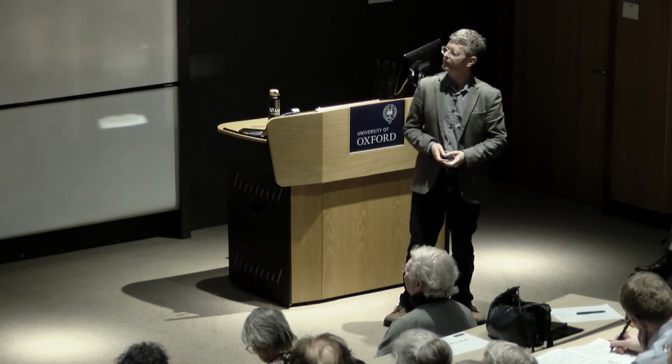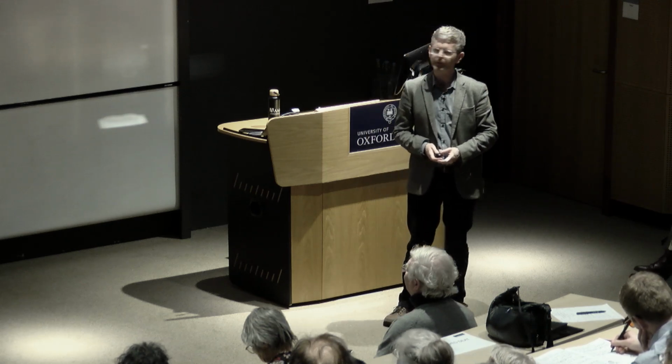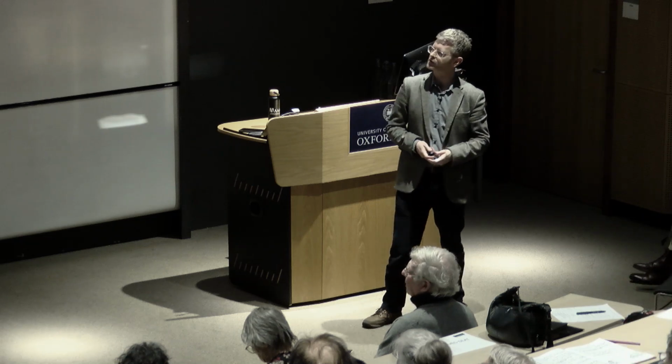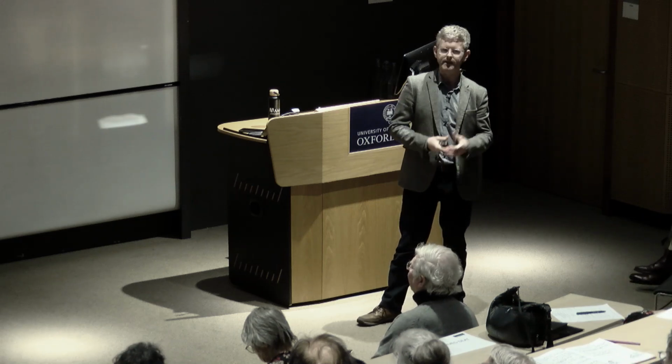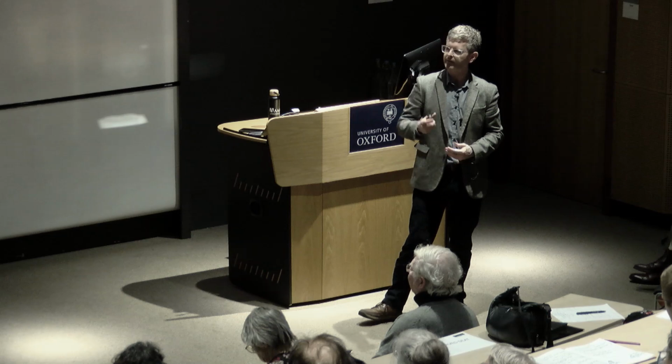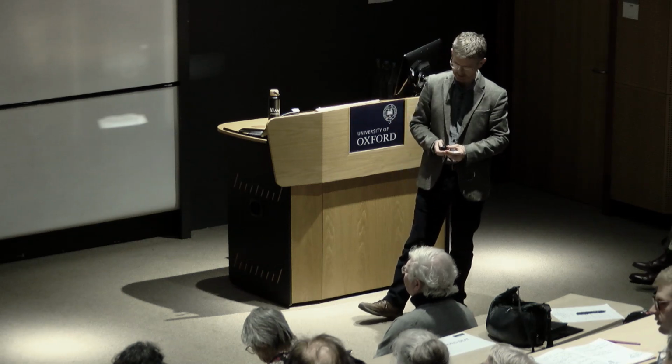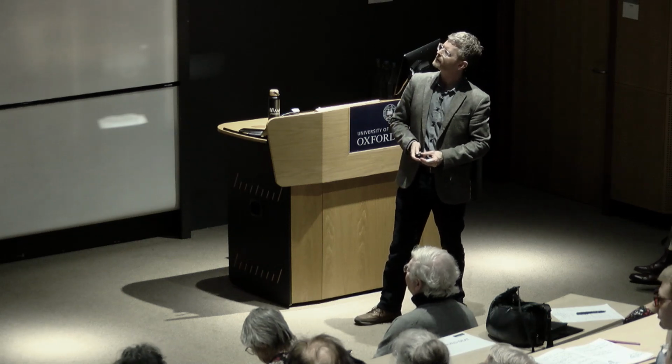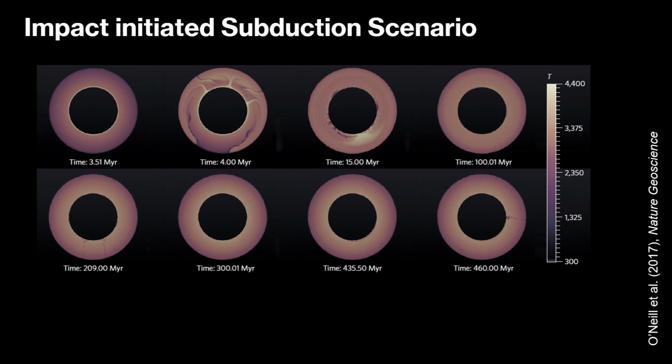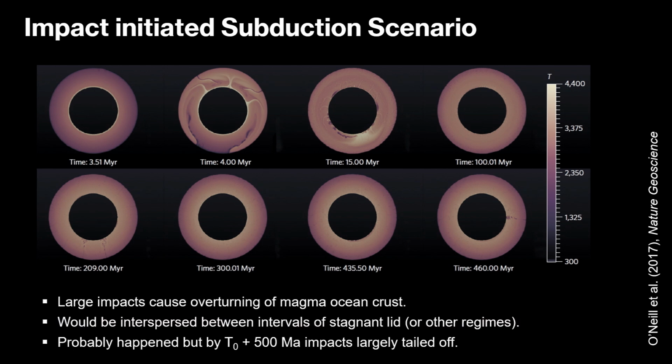And one of those is exemplified by the other debated issue, which is Chicxulub, where you have the antipodal potential melting on the other side of the planet related to the asteroid impacts. But there's been some studies looking at impact-initiated subduction scenarios. And these guys basically studied what would happen if you have an impact in terms of mantle circulation and so on.